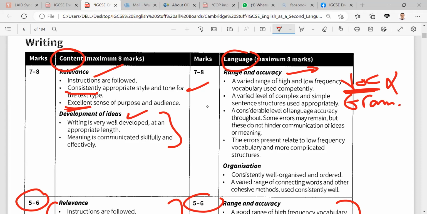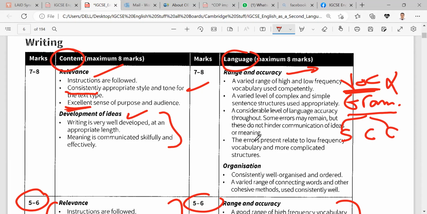For example, you can say wonderful, fantastic, terrific. The same point for grammar. You need to use different structures, different sentences. You can use simple sentences or compound sentences or complex sentences. Don't use only simple or compound sentences. No, you should use different structures.